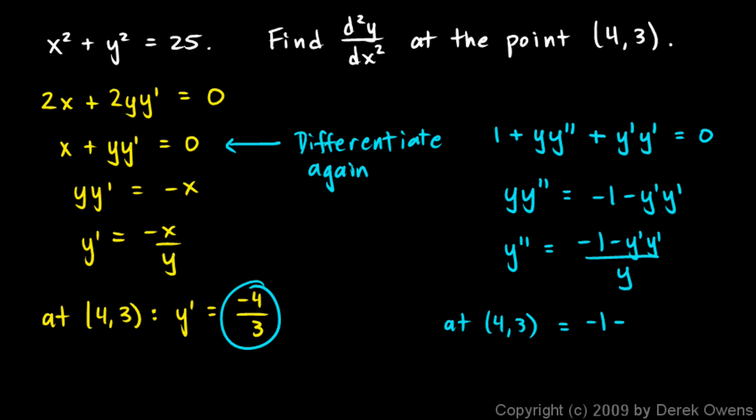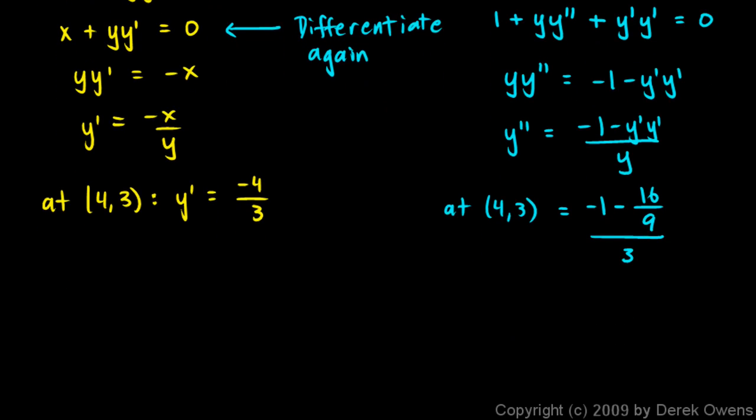So negative 4 over 3 times negative 4 over 3 is going to be positive 16 over 9, but I still have this minus sign right here from the numerator up above, and then all of this is over y, and y is 3. So I have negative 1 minus 16 ninths, over 3.